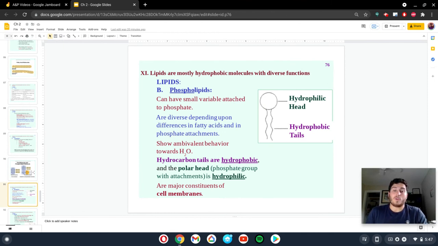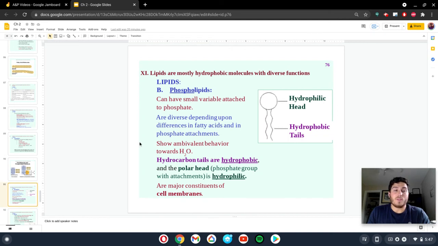So when you're looking at a phospholipid, they have 2 major components. You have the hydrophilic end and the hydrophobic end. Anything with a philic or phile on it means that it likes something. So hydrophilic means that it likes water. Philic means like, hydro means water. Hydro water, phobic means water fearing. Hydrophobic. So there's 2 ends. The end that wants to be near water, the one that wants to be away from water.